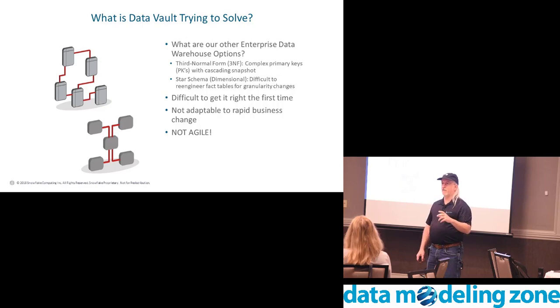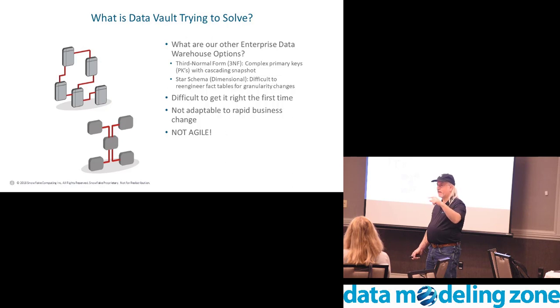And on top of that, if you have master detail type structures, they're normal form, you've now added a snapshot date into the primary key of each of those. And those keys cascade. So the snapshot date of the master is now inherited by the child.